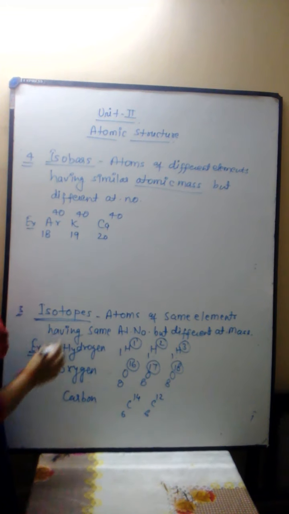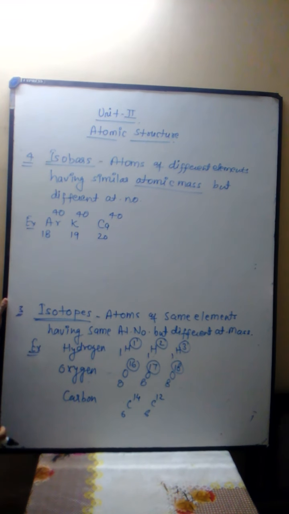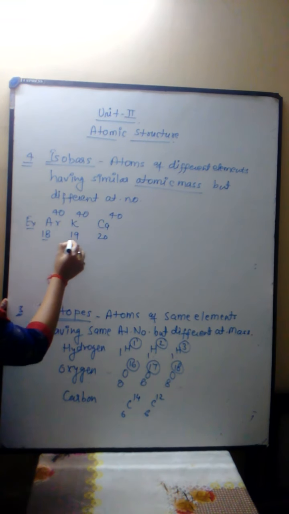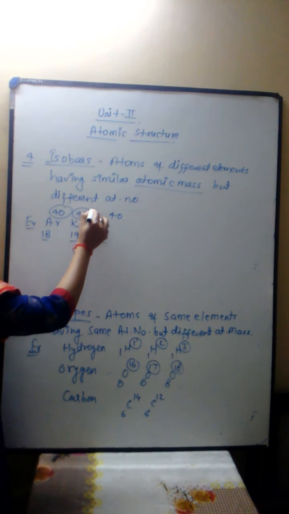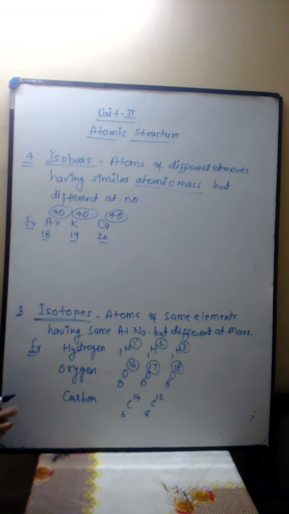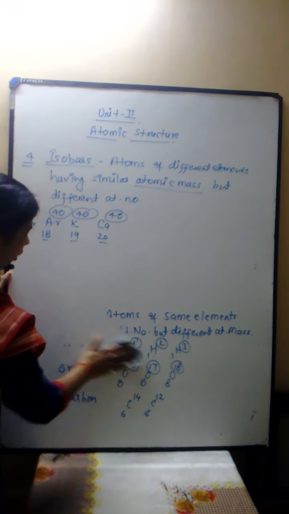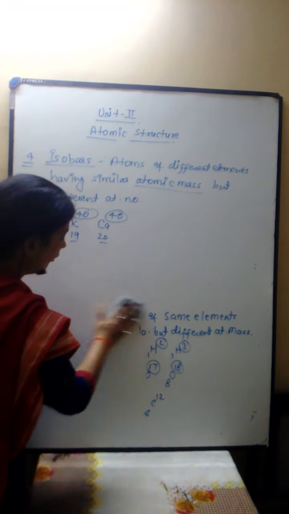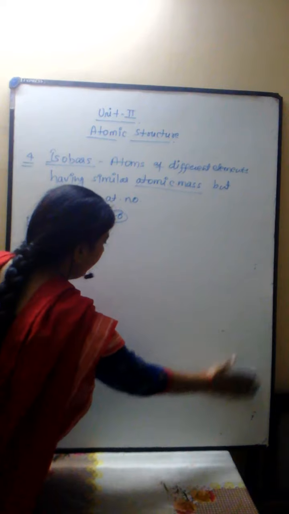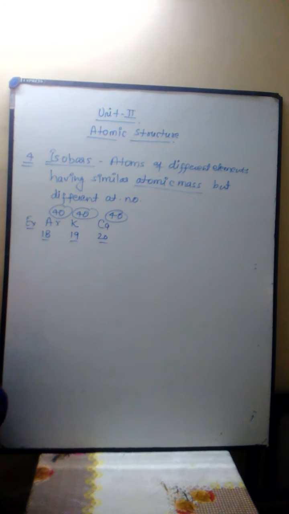So isobars having different atomic numbers but similar atomic mass are known as isobars, and isobars are similar in their nucleus. Isotopes differ in the number of neutrons, and isobars have a similar nucleus.